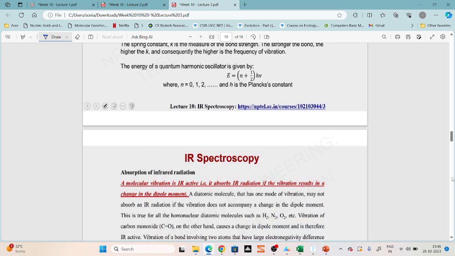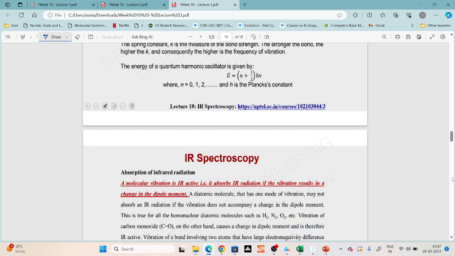So what we are saying is that when we are talking about infrared spectroscopy, it will cause some kinds of vibrations, and those vibrations should result in a change in the dipole moment when we are talking about molecules.